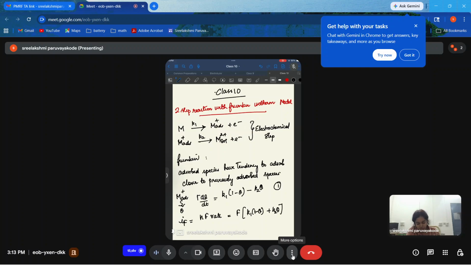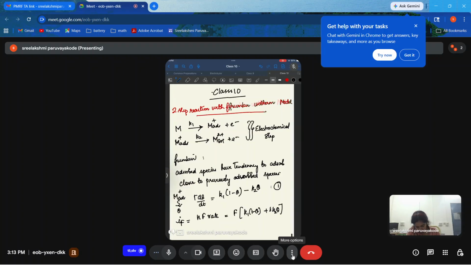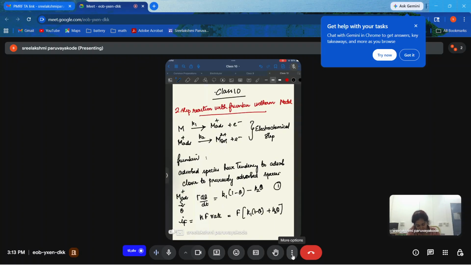So K1 will reduce as the reaction progresses, as the theta value is increasing. So in the first step the beta value will be negative, and in the second step, because M adsorbed is getting consumed, K2 value will increase and beta will be positive.